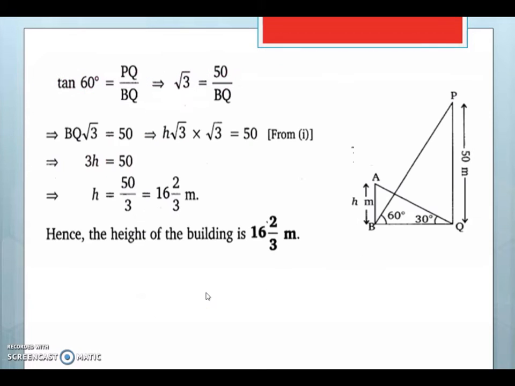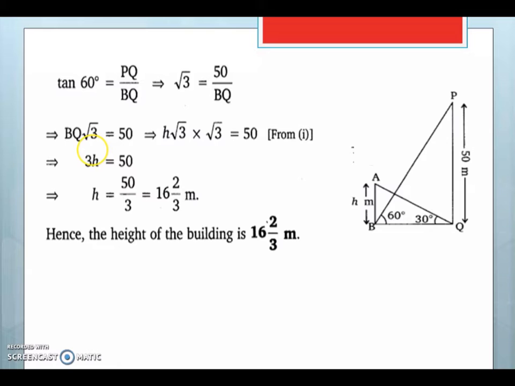Then you will apply trigonometric ratios in triangle PBQ. In PBQ, tan 60 is equal to PQ by BQ. Now PQ is already given 50. BQ you know from the previous one, that is, you had got it as H root 3. And tan 60 value, you already know it is root 3.